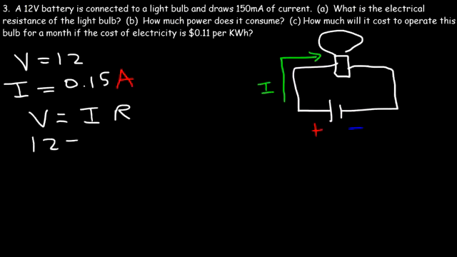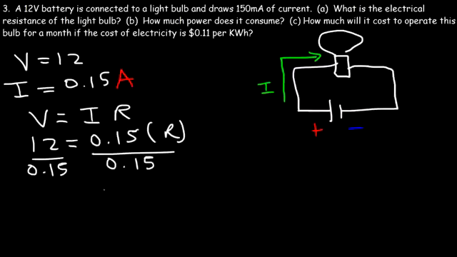So the voltage is 12, the current is 0.15, and let's solve for R. We can do that by dividing both sides by 0.15. So the electrical resistance is equal to the voltage divided by the current. 12 divided by 0.15 is 80. So the internal resistance of the light bulb is 80 ohms.